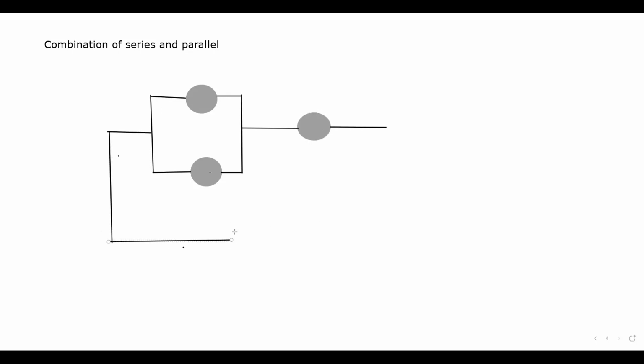So we have a combination of series and parallel, like lamp 1 and lamp 2 are parallel, and lamp 3 is connected in series to them. This is the actual circuit symbol for the lamp or the bulb.